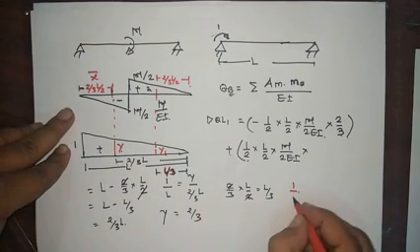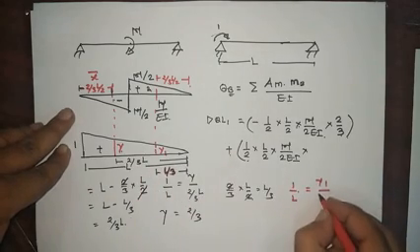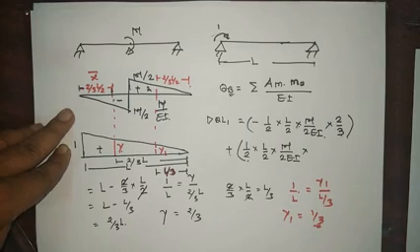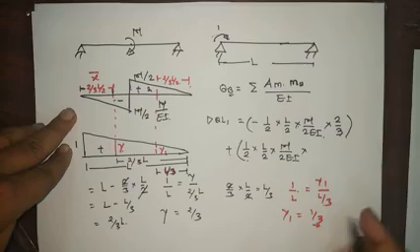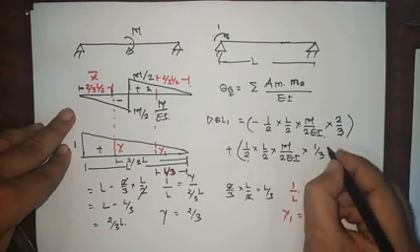This 1 divided by L is equal to this y1 divided by L by 3. So this y1 becomes 1 by 3. Okay, so multiply here by the 1 by 3.